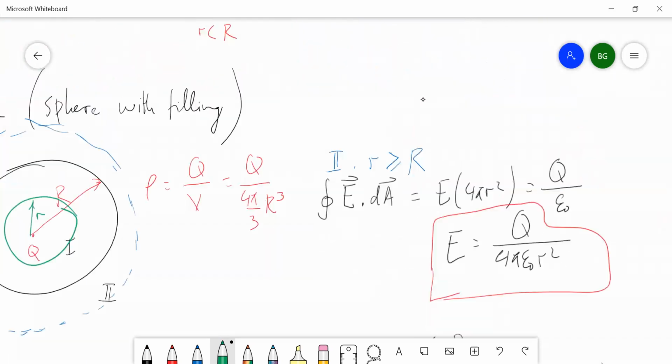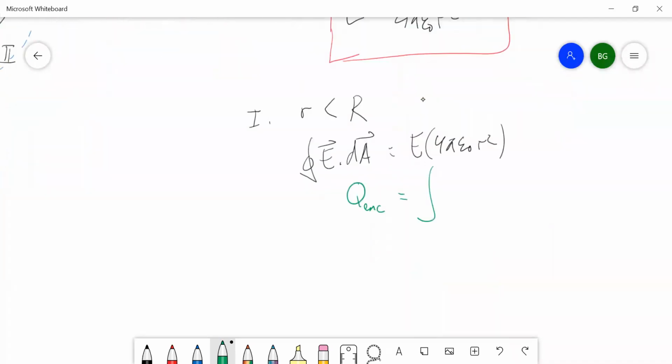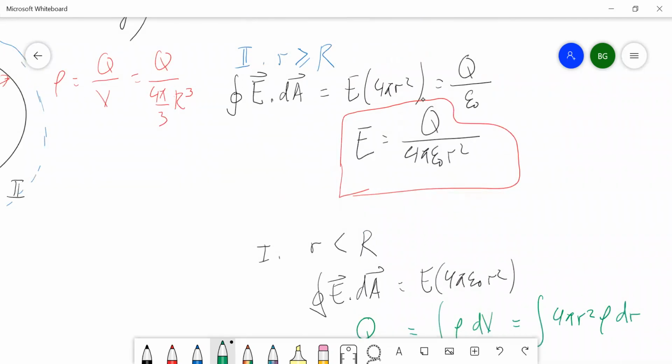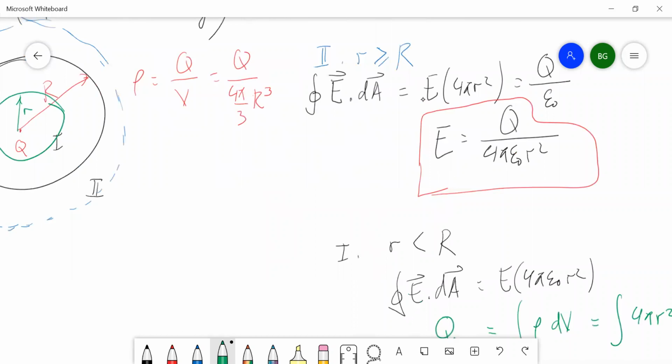So this is basically the integral of rho times the volume element, something like 4 pi r squared dr. Because this is a constant, I forgot to mention that rho is constant.